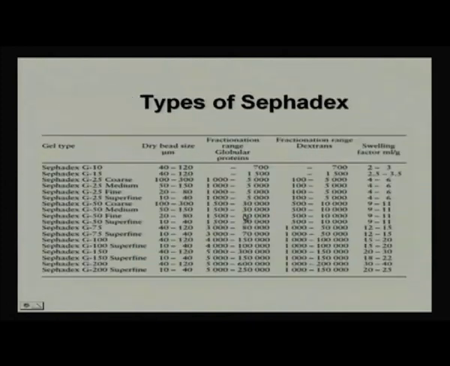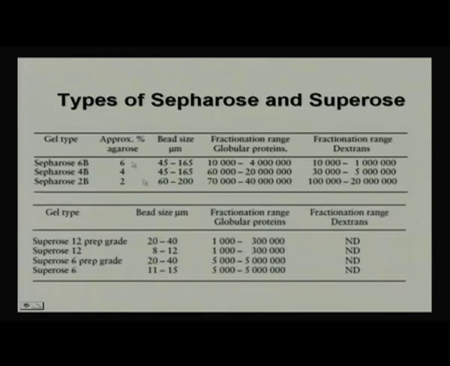I told you Sephadex is the dextran-derivatized bead. Similarly, with some other beads like Sepharose or Superose, these beads are agarose derivatized, and here also we have the known globular protein range.